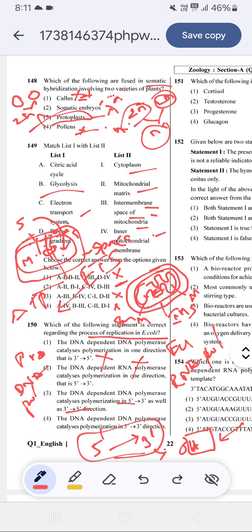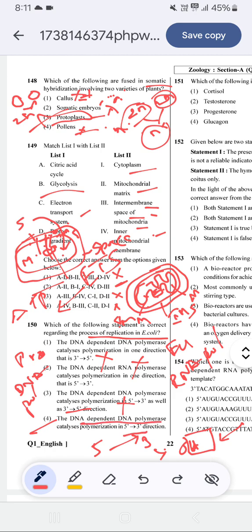This is also 3' to 5'. Right. So what is the option left? DNA dependent DNA polymerase catalyzes polymerization in 5' to 3' direction. So replication in E. coli occurs in 5' to 3' direction.